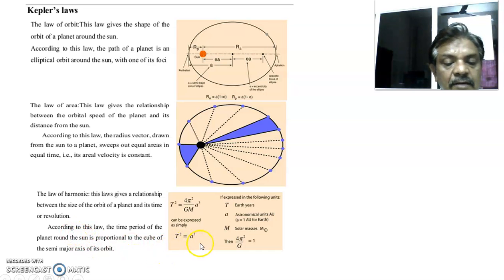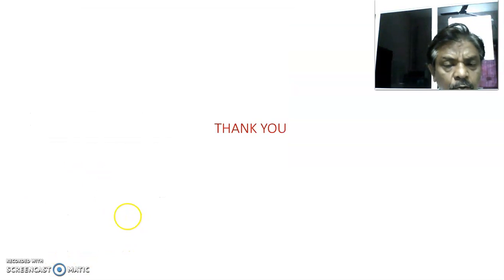That is, the square of the time period of the planet is directly proportional to the cube of the semi-major axis of the planet's elliptical orbit. This is Kepler's third law.